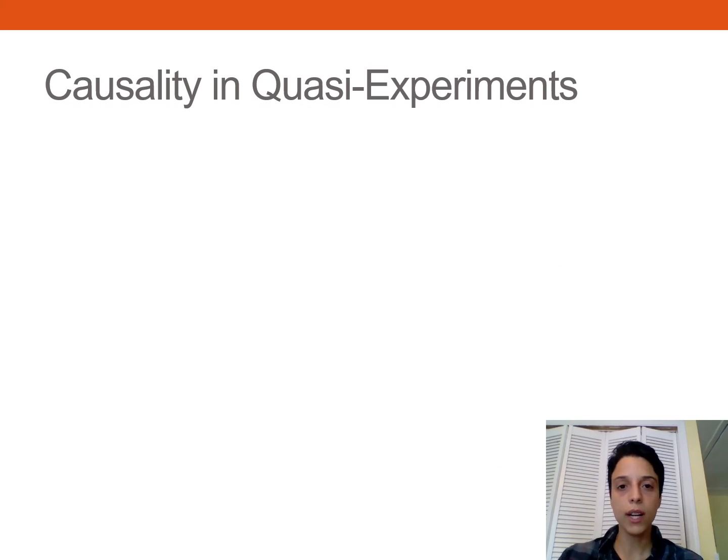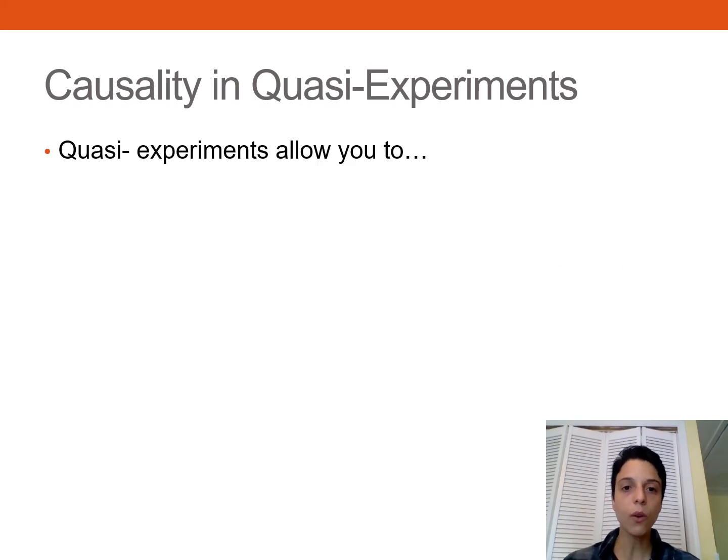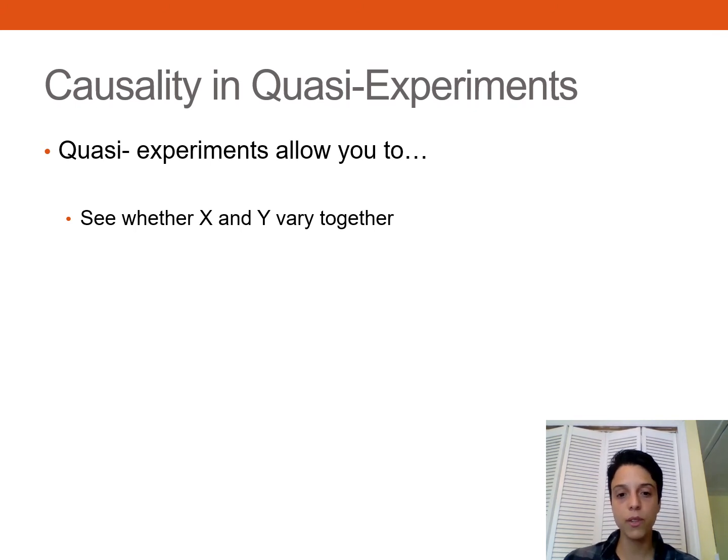So thinking about quasi-experiments. Quasi-experiments allow you to check off two of your three criteria. The first is whether X and Y vary together. So let's say that we're going to use a quasi-experiment that looks at mental health in a prison prior to the introduction of a puppy program and after the introduction of the puppy program.